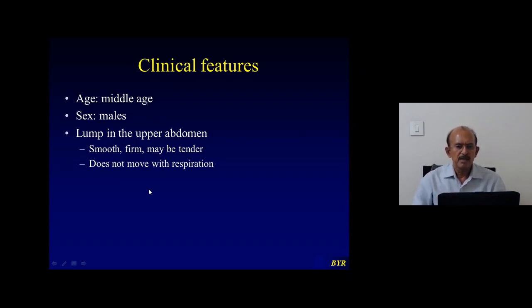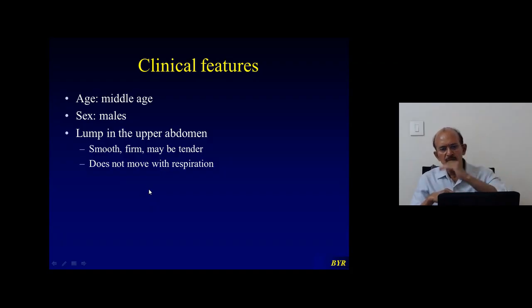Pseudopancreatic cyst, though it is situated in the lesser sac, is not mobile because of the chronic inflammatory reaction. It gets adhered to the surrounding structures. It is adherent to the underlying posterior abdominal wall, to the pancreas.